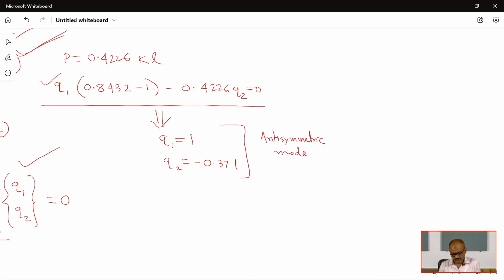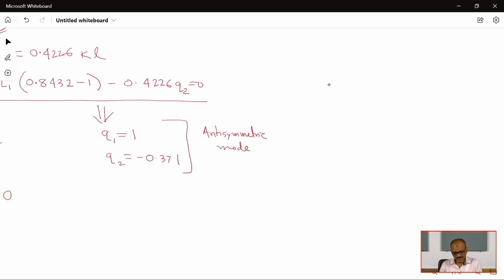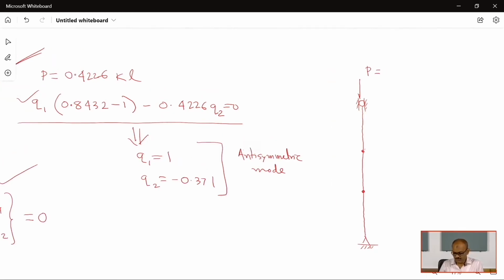If I draw the mode shape here, this is the 3 rigid bar system, loaded by the load P. This P is equal to 0.4226 KL, and it will take a shape like this.